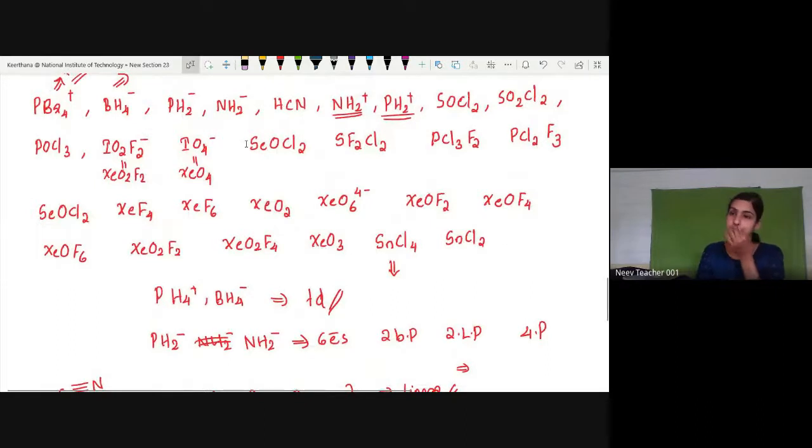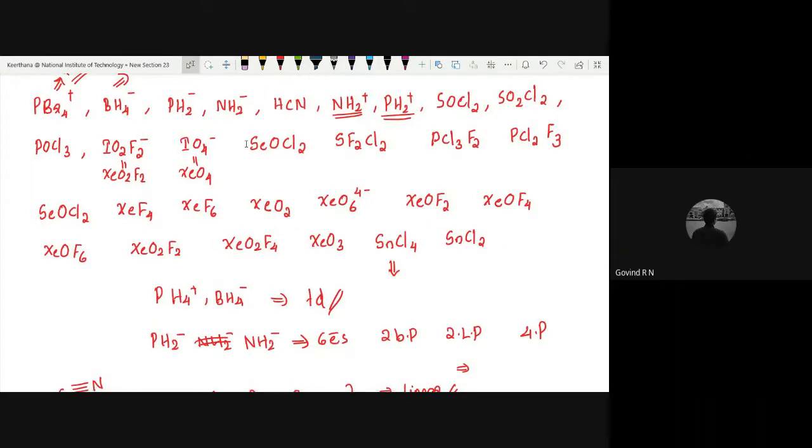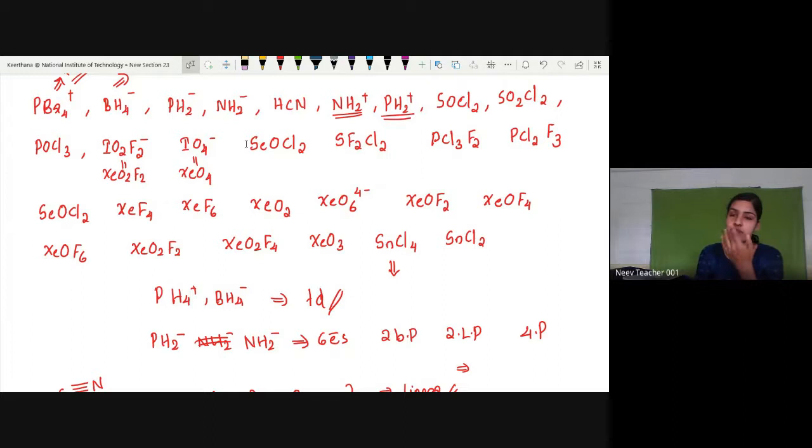SO2Cl2. The shape is tetrahedral and the geometry is also tetrahedral. Sulfur has 6 electrons, forming 4 bond pairs: 2 double bonds with 2 oxygens and 2 single bonds with 2 chlorines. For 2 single bonds, 2 electrons are taken, and for each double bond 2 electrons are needed.